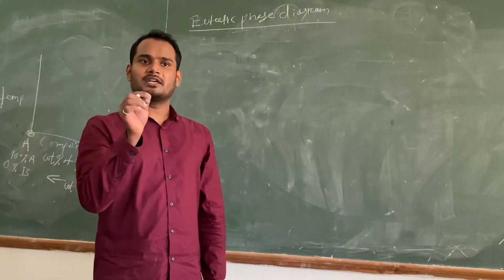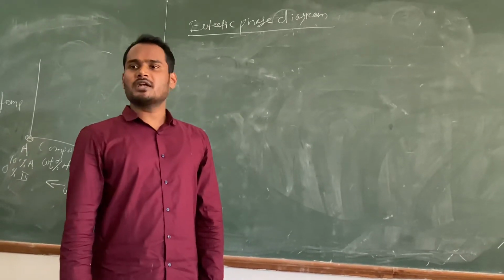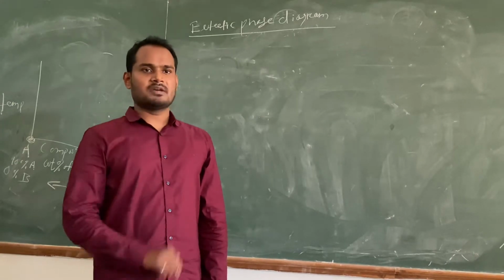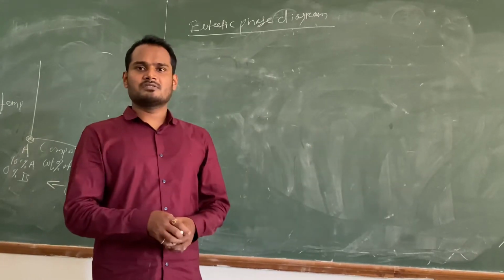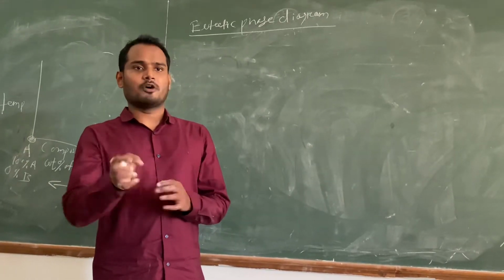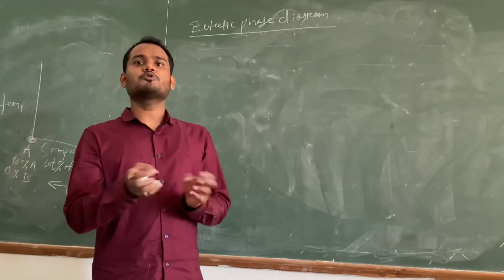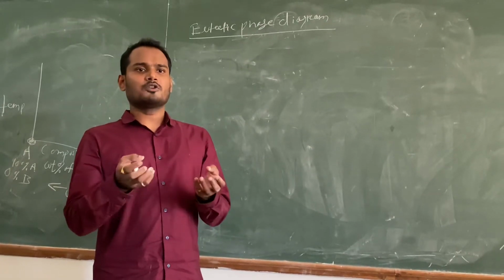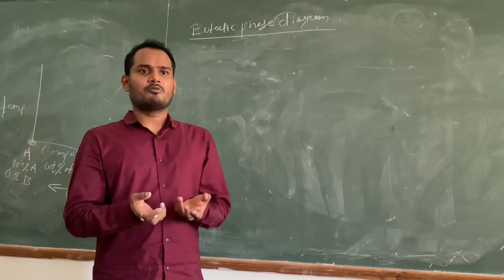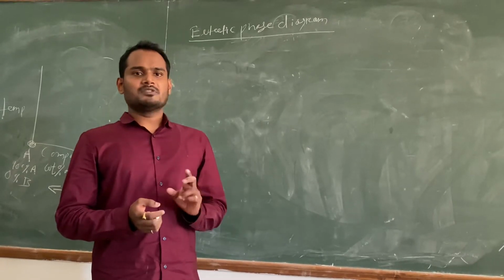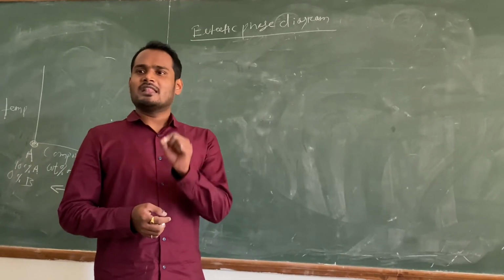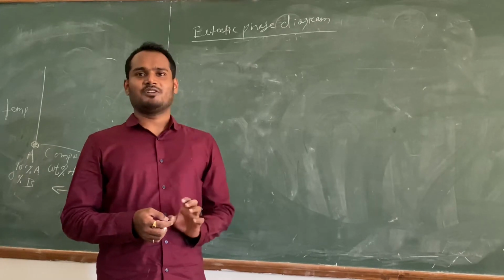What is eutectic composition? Suppose you are mixing two elements. You want to form an alloy out of two metals, or out of one metal and one non-metal. Sometimes at a particular composition, they will have a minimum melting point.